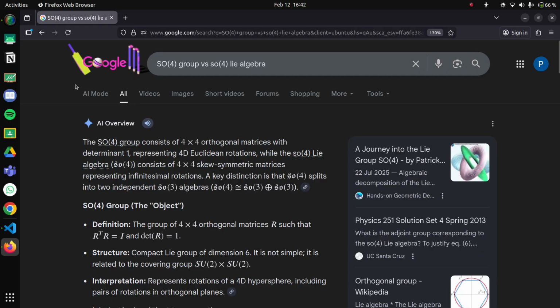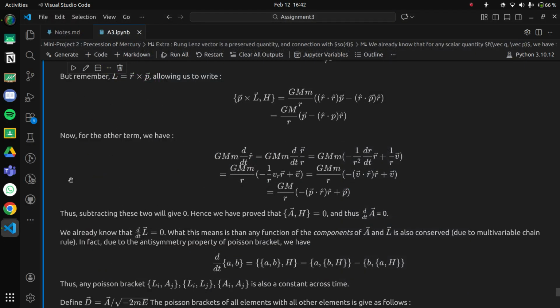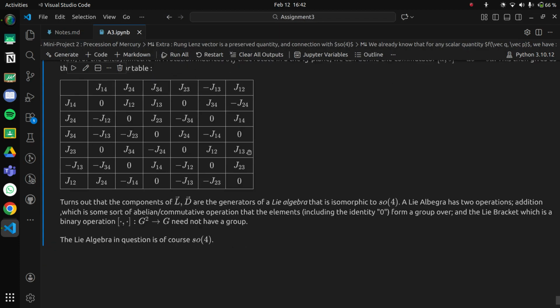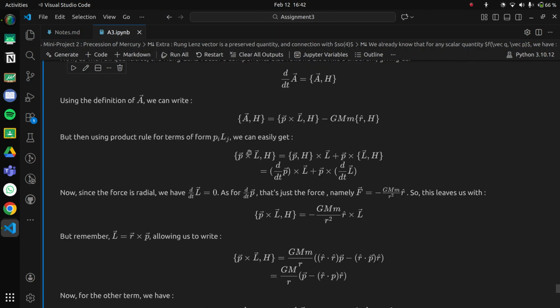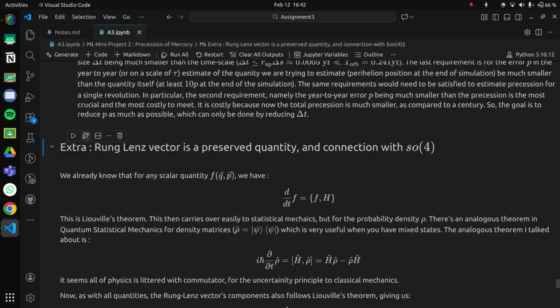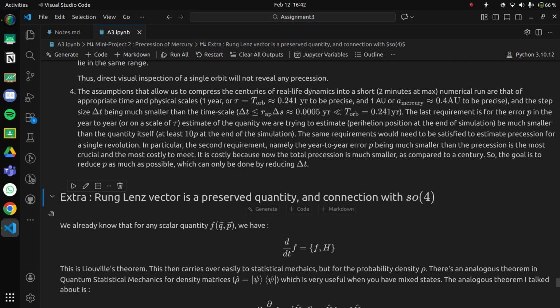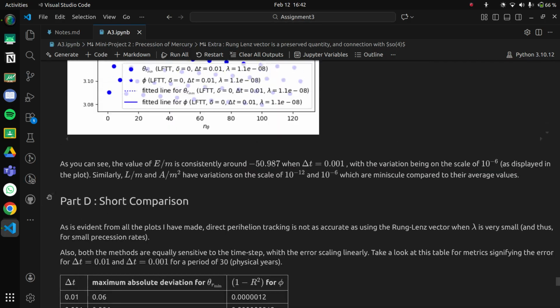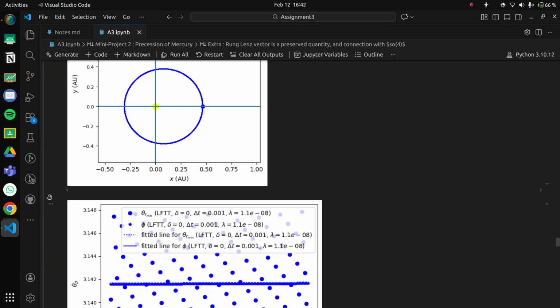Okay, anyway, enough of group theory. I think this is enough exploration to get many kind of bonus points that he would want to give. Okay, so that does it for the second mini project.